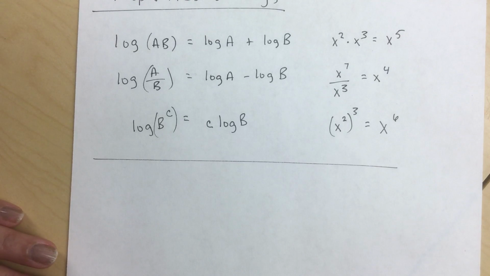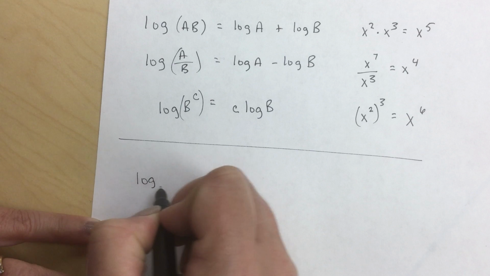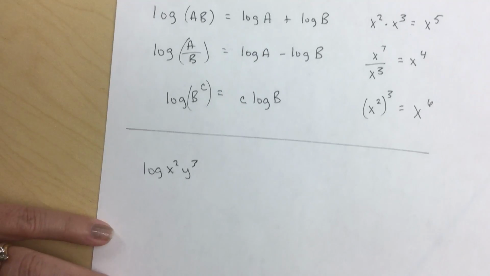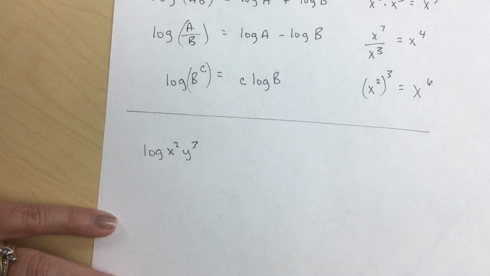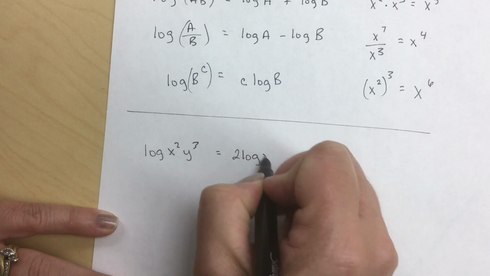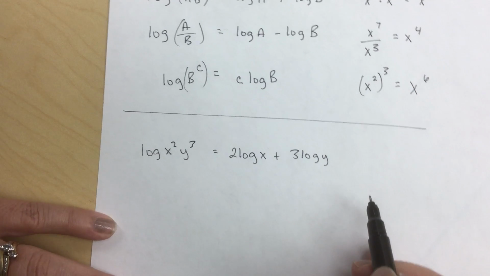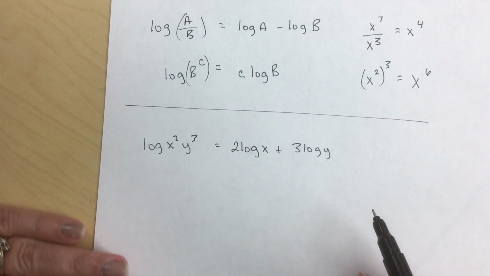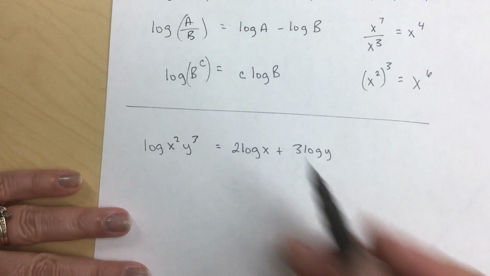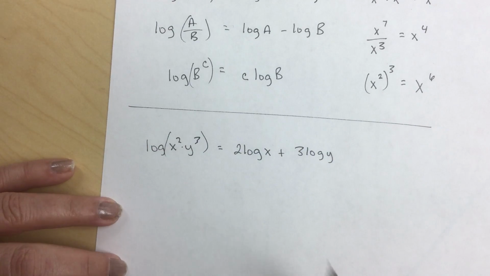So here's how you might have to use those rules. I might give you the log of x squared y to the third and ask you to break that up. So you're going to say, well, that's equal to 2 log x plus 3 log y. Now that's the way I would do it in one step, but here's the step-by-step method to get that. You're taking the log of this whole thing, and those two things are multiplied together.